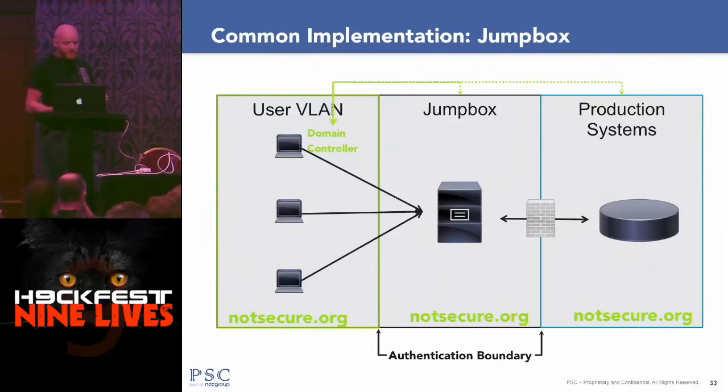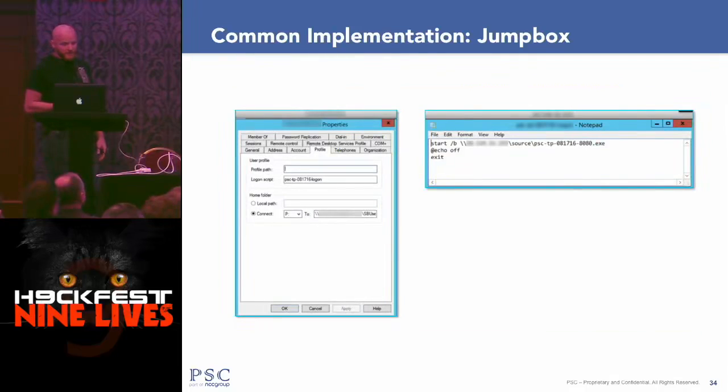But even if the use of the jump box provides an effective way to create a strong network boundary, one way an attacker might leverage this shared infrastructure in Active Directory is something like user logon scripts. If you're not familiar with logon scripts in Active Directory, it's essentially just a way to set something that runs when a user logs in. So you can assign tasks, and those tasks can involve something like an executable.